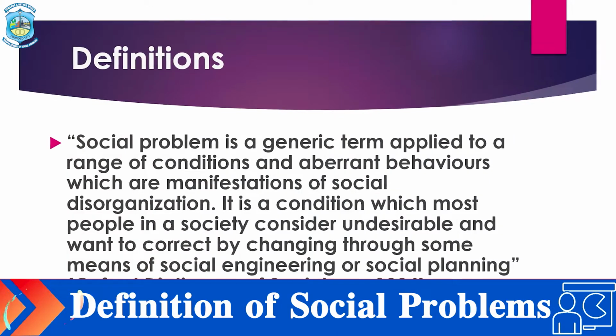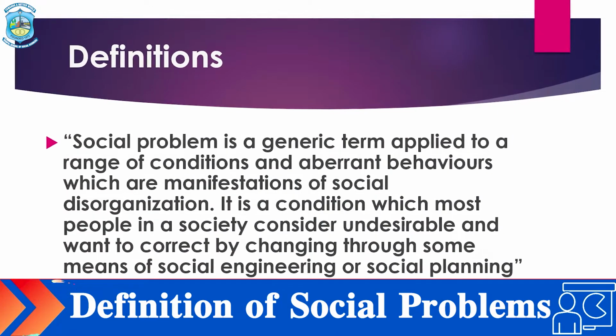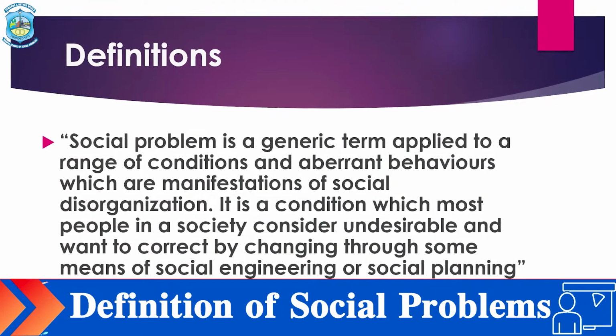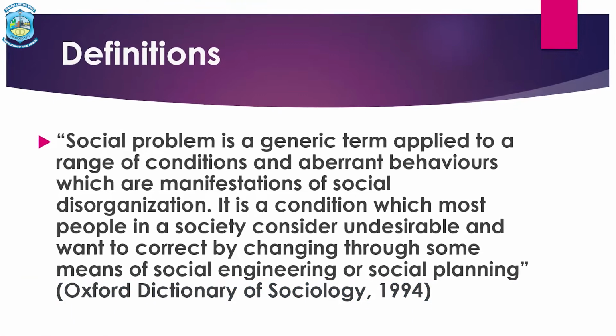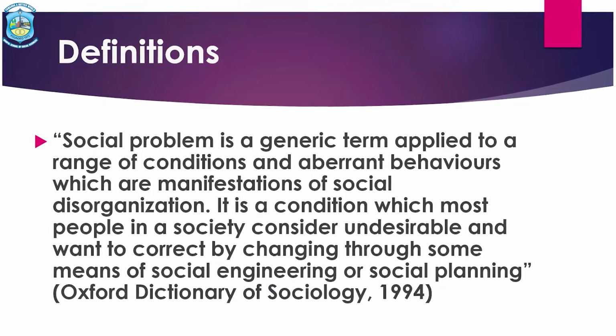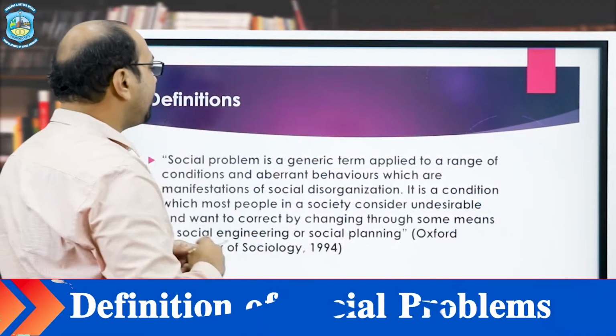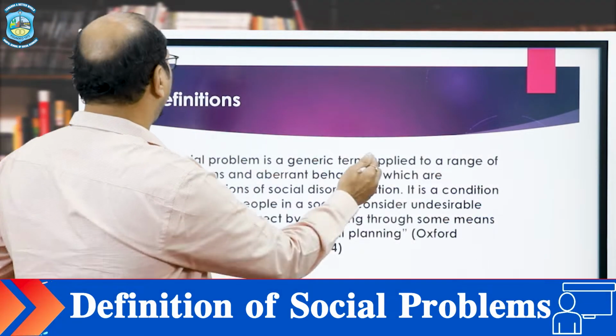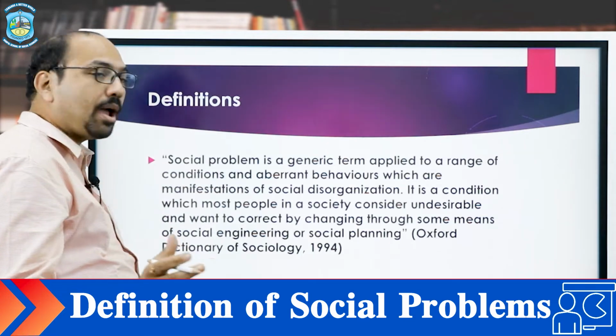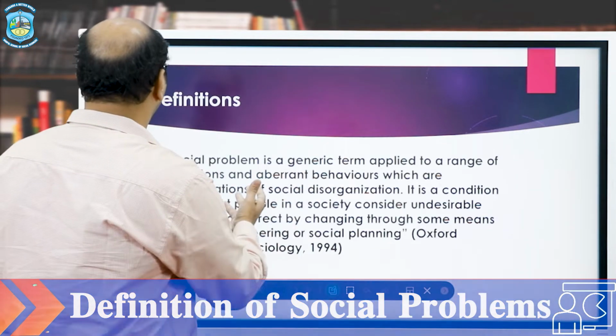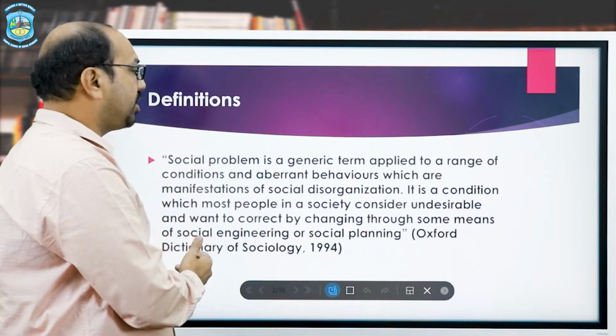Let us have a look at a technical definition of social problems, which is given by the Oxford Dictionary of Sociology way back in 1994. What it says, and I quote, "Social problem is a generic term applied to a range of conditions and aberrant behaviors which are manifestations of social disorganization."